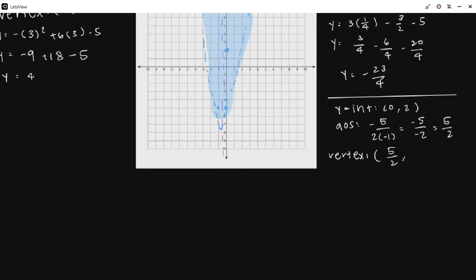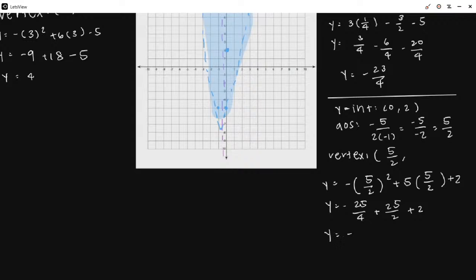So then we get y equals negative 5 over 2 squared plus 5 times 5 over 2 plus 2. So that's going to be negative 25 over 4 plus 25 over 2 plus 2. And I want a common denominator of 4, so I'm going to rewrite the other ones.